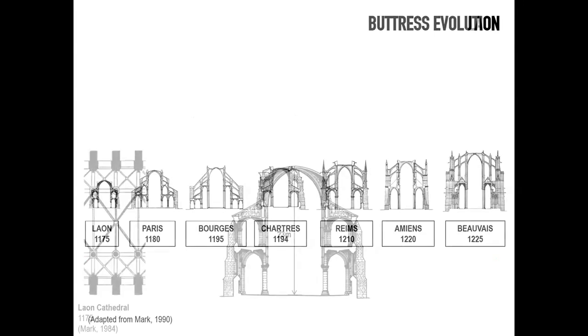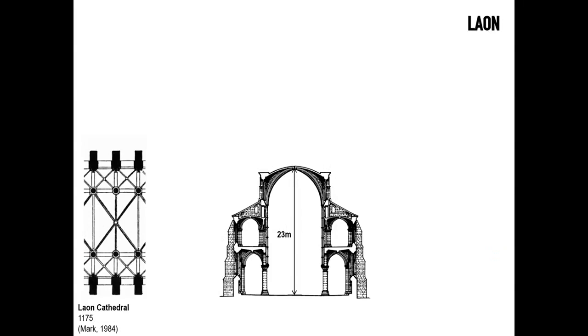And so going quickly through them, you will recognize that the first ones, like Laon, was a church that was still in transition from the Romanesque. So you have a central nave, about 23 meters tall. You have two aisles and two galleries on the side. And there is a clerestory here at the top.